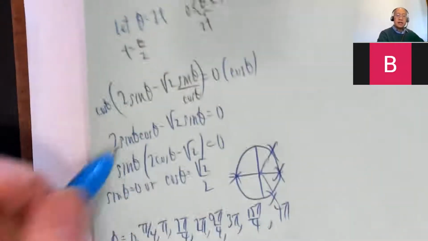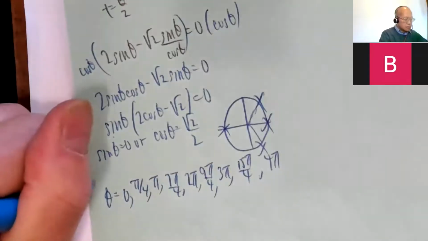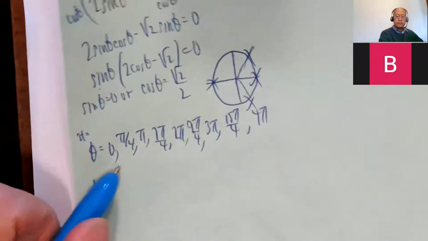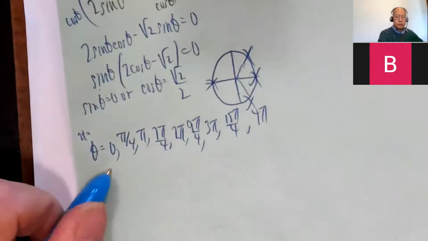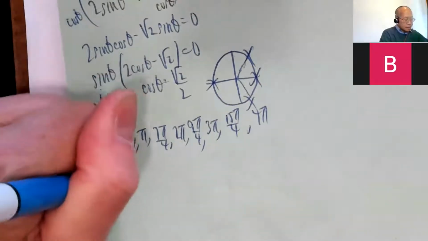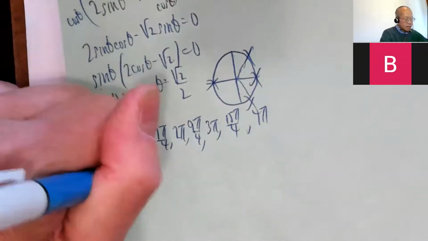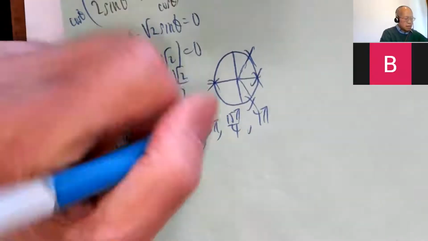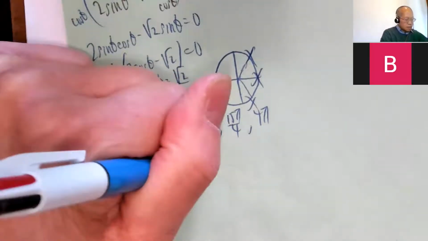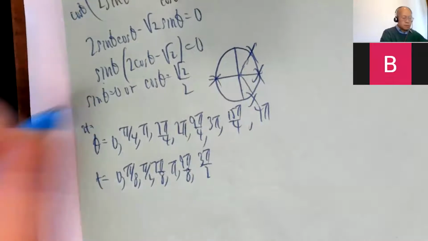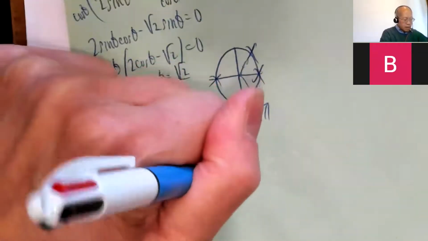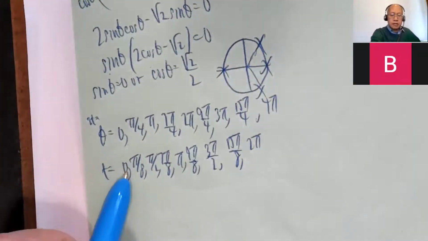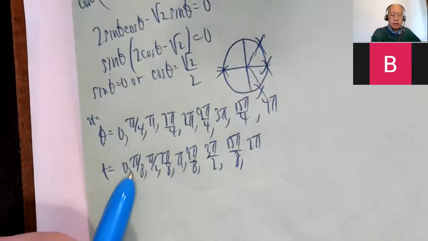So those are the thetas. To find t, I cut all these in half. Pi, 9 pi over 8, 3 pi over 2, 15 pi over 8, 2 pi. So that looks like my list of t values that make this true.